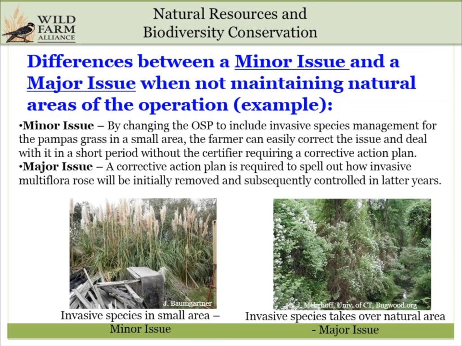Whereas the picture on the right, where the invasive species, this multiflora rose, has pretty much covered the natural area, it's going to take a big effort to get that under control, and so a corrective action plan will be required to spell out how to do that.